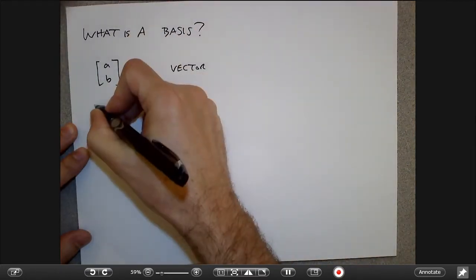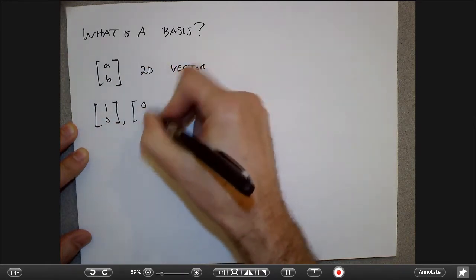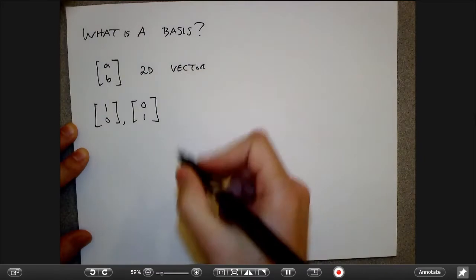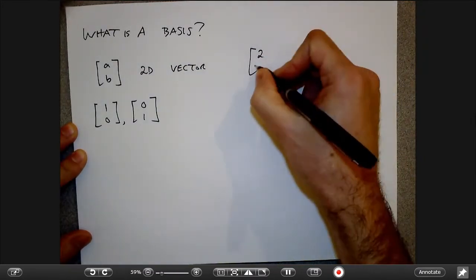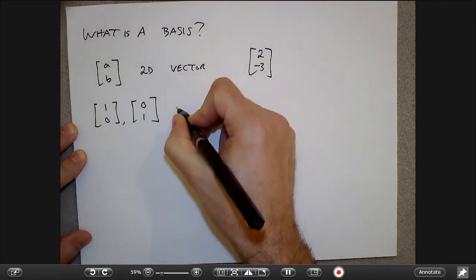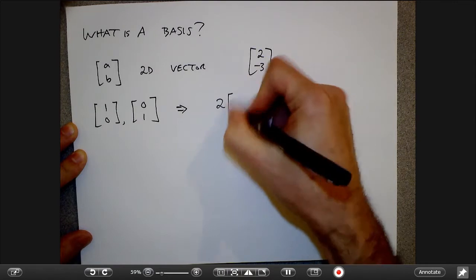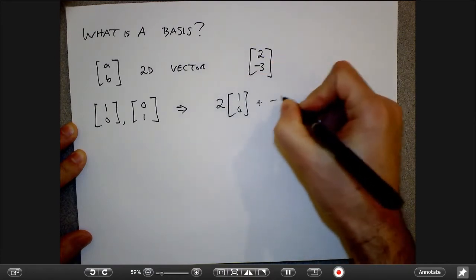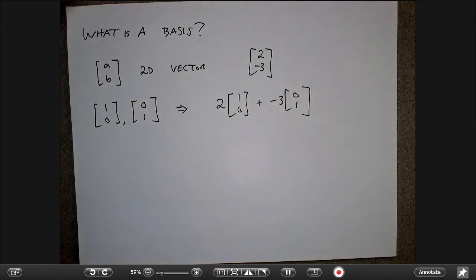One is the standard basis, which I would call the Cartesian basis. Suppose we use a concrete example, 2, minus 3. I could write this vector as 2 times this vector plus minus 3 times this vector. That's the easiest way to represent the signal.